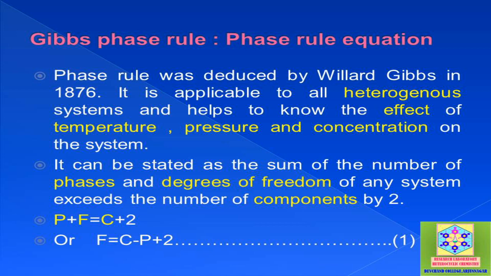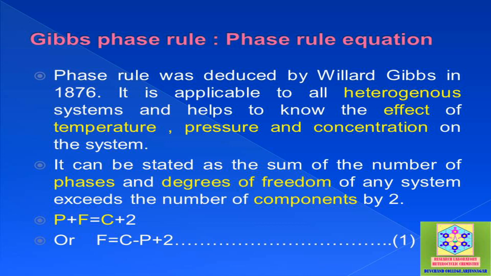Gibbs phase rule was deduced by Willard Gibbs in 1876. Phase rule is applicable to all heterogeneous systems and helps to know the effect of temperature, pressure and concentration on the system. It can be stated as the sum of the number of phases and degrees of freedom of any system exceeds the number of components by 2.